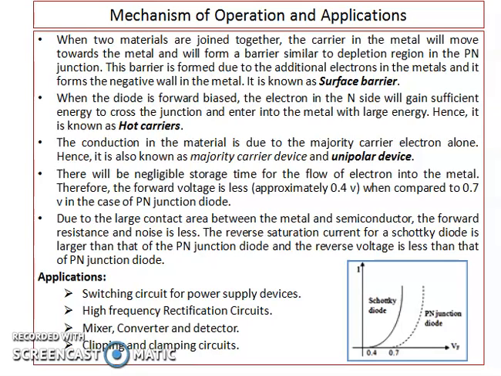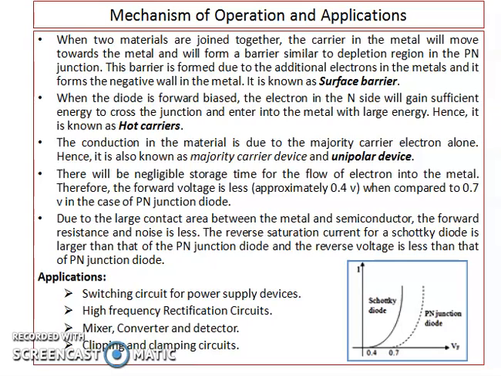When the diode is forward biased, the electrons in the semiconductor region gain sufficient energy to cross the junction and enter into the metal with a large energy. So they gain a large amount of energy, hence they are known as hot carriers. The conduction in the metal is due to majority carrier electrons alone.